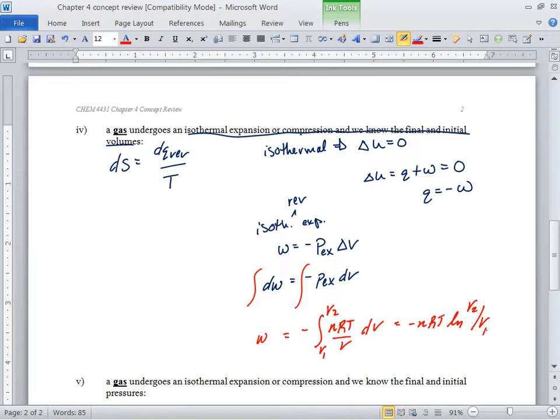Now, Q equals negative W, so Q is that, positive. You're going to have delta S is Q reversible over T, but you know what Q is, so just substitute in what it is. The T's cancel out.